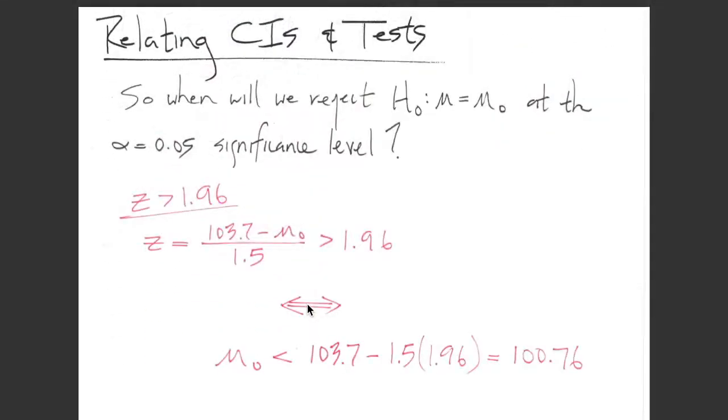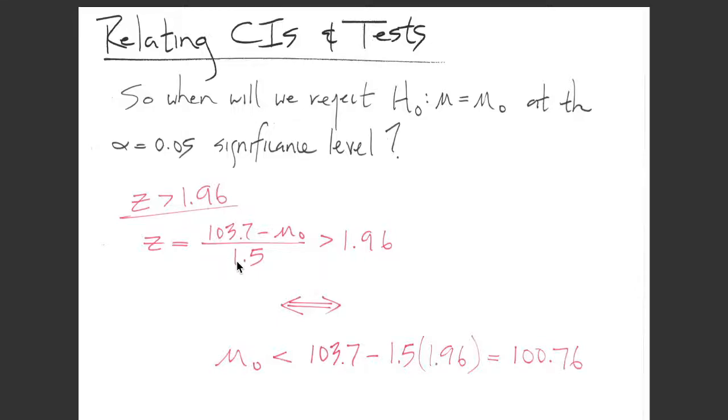Now the question is, what values of mu0 would give us test statistics like that? And you can just work through that by thinking about what we know the test statistic is. The test statistic is our x bar minus the mu value from the null hypothesis, which is mu0, divided by the standard deviation of x bar, which is 1.5.